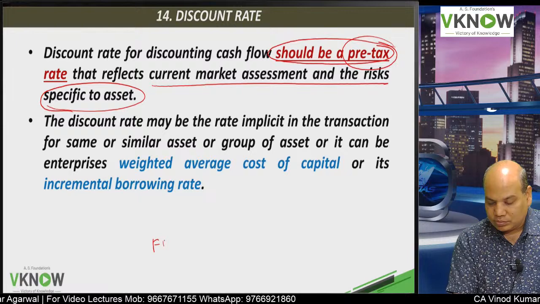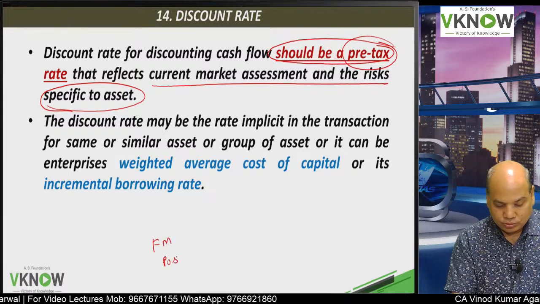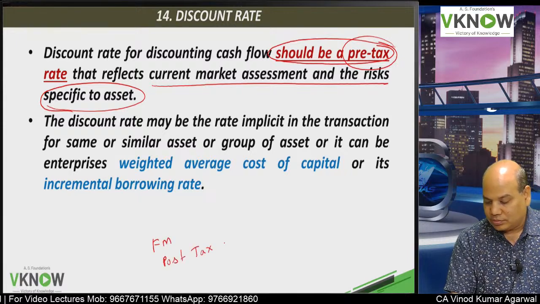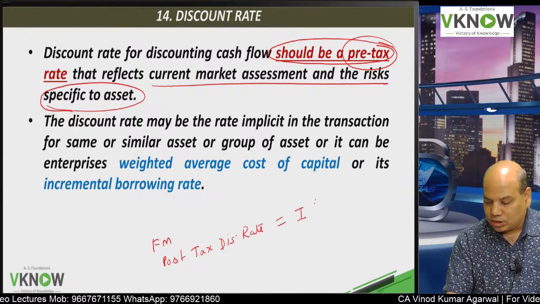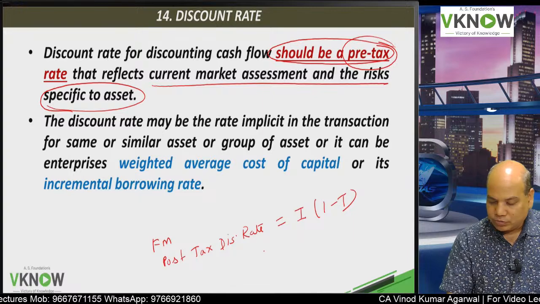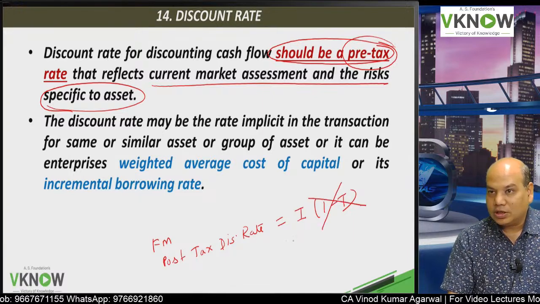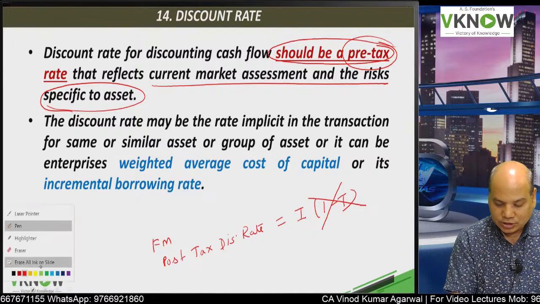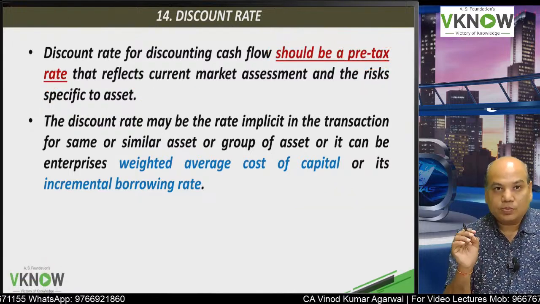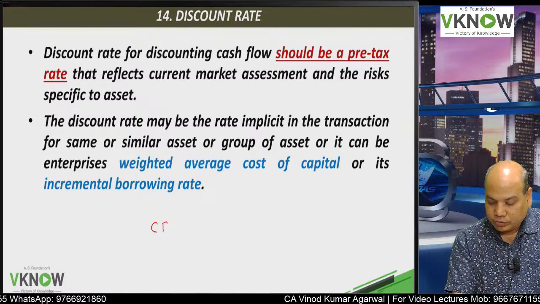In FM, they teach you post-tax discount rate, which is equal to I into 1 minus T. But in the intermediate account subject, I will only take the cost of capital as a discount rate. Cash flow is before tax.